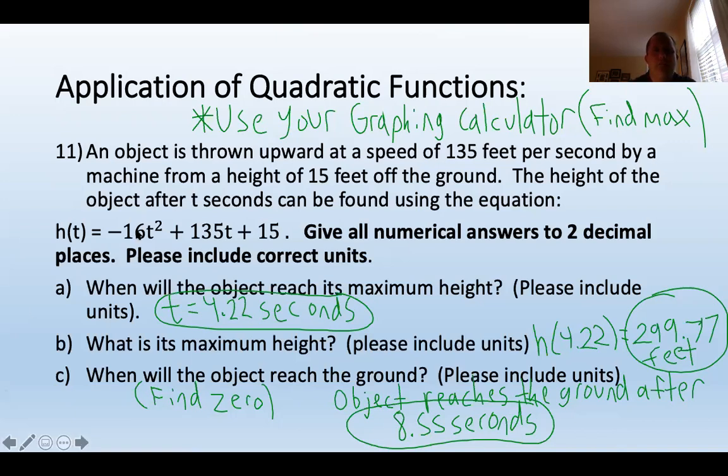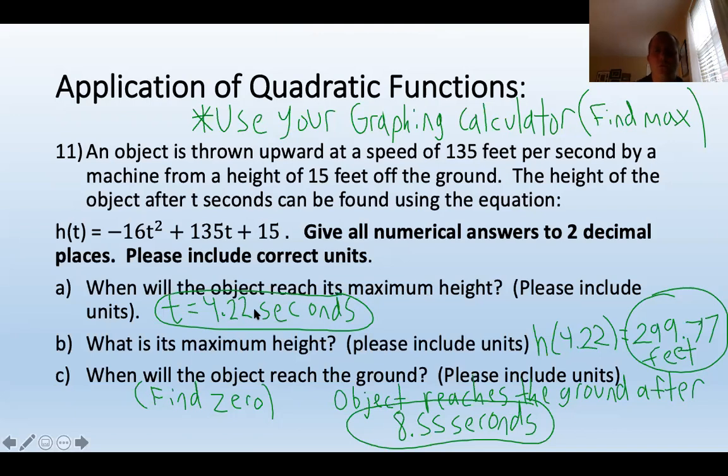So I'm going to have you graph this function on your calculator and use second trace and scroll to the left for left bound, scroll to the right of the maximum for right bound, and then hit enter again to guess. And the x coordinate of that maximum represents when the object will reach its maximum height. And that number is, you should get t equals 4.22 seconds.